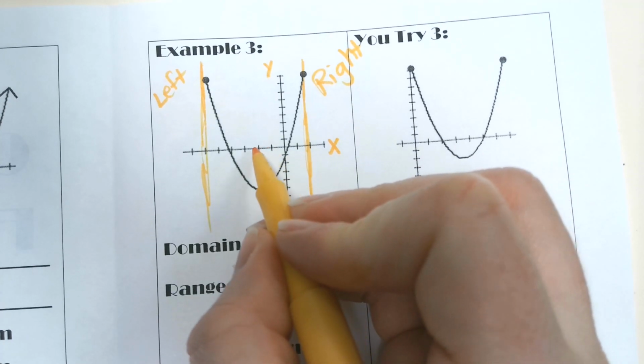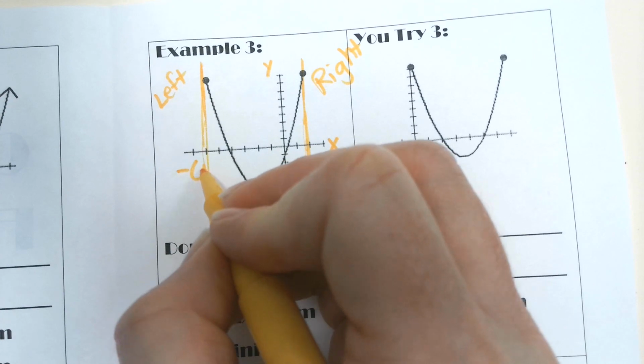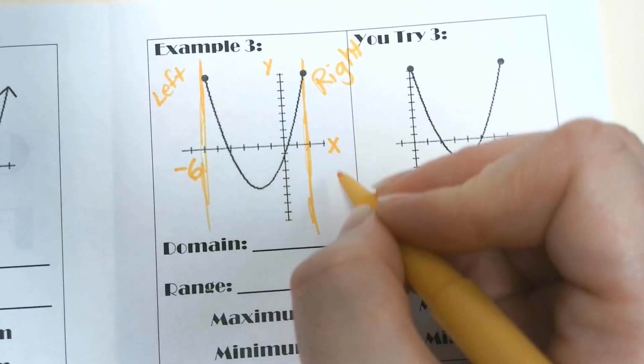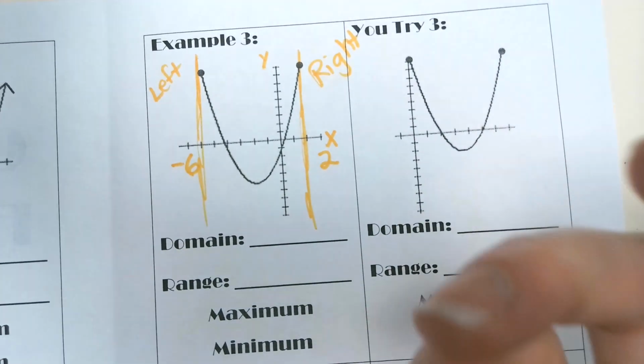That would be 1, negative 1, 2, 3, 4, 5, 6. Negative 6 left and 2 to the right. So we're going to sandwich that with x in the middle.